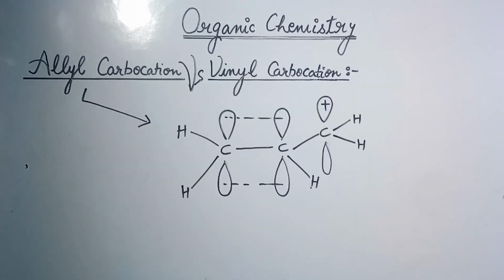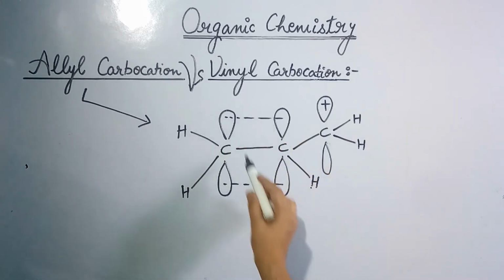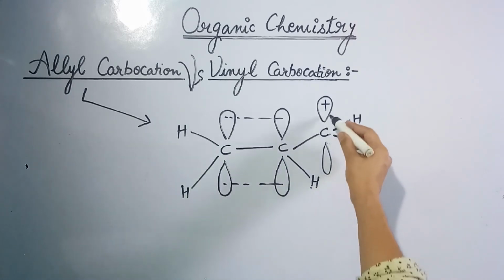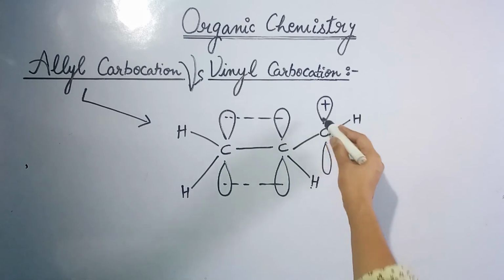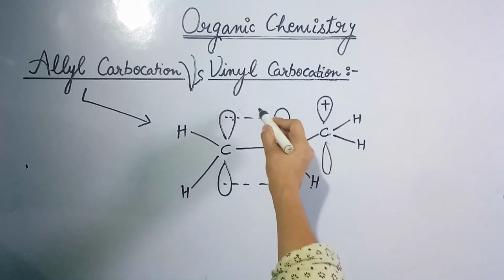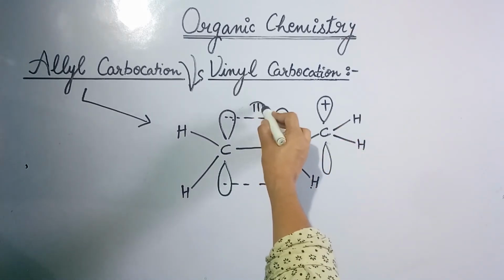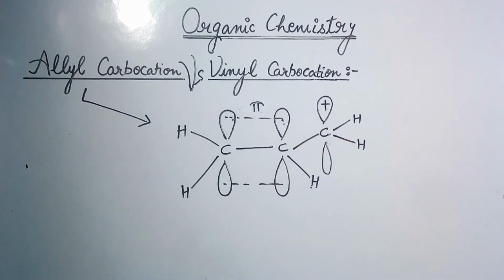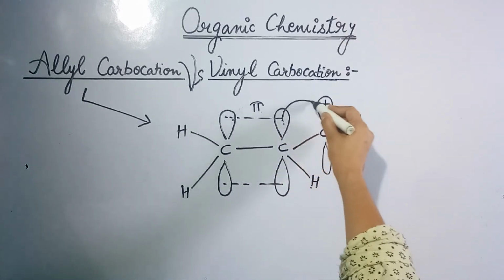Okay, now let us understand the stability of allyl carbocation using the orbital diagram. Here you can see this is a double bond between the two orbitals of carbon, and this is the allyl carbon which is having an empty orbital. So the electrons which are forming the pi bond actually try to stabilize this positive charge by moving towards this charge.